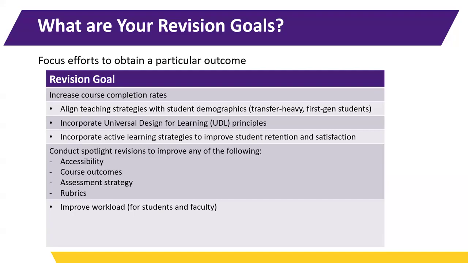And then, of course, you get the more direct signals from data like the DFW rates or the student course evals. So you have a pretty good idea when you're going into this whether the course needs a revision or not. But you may also want to look at the course from a few different angles, and you see those on the slide, right?